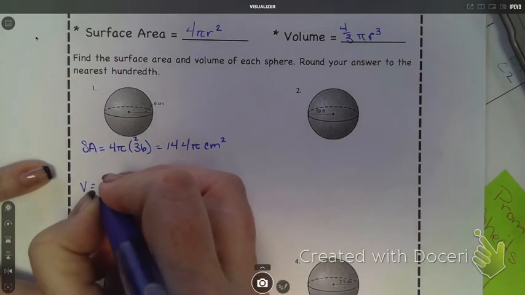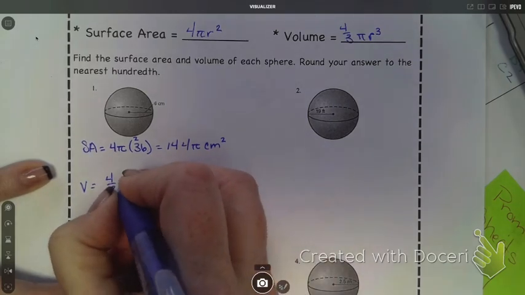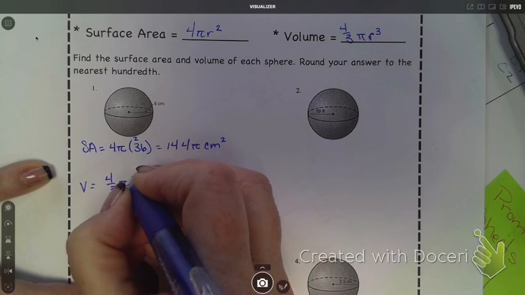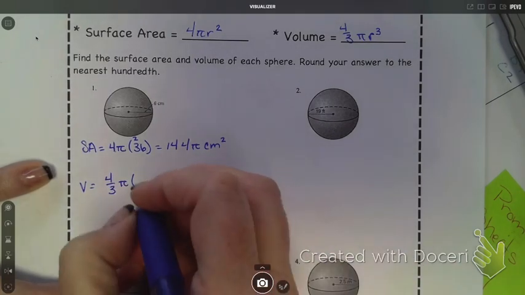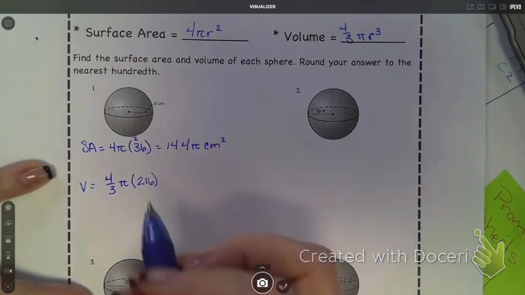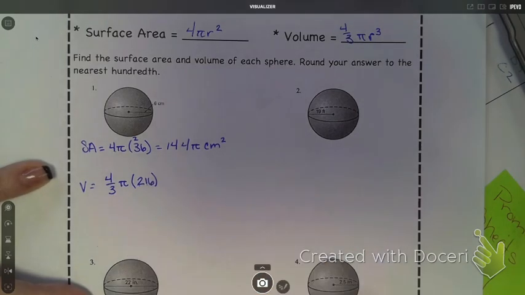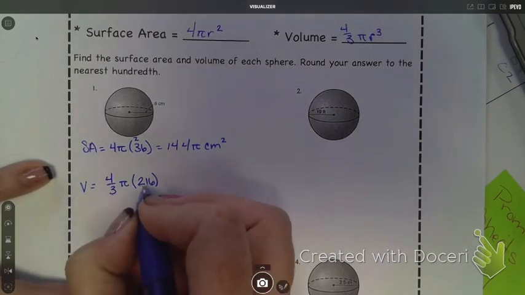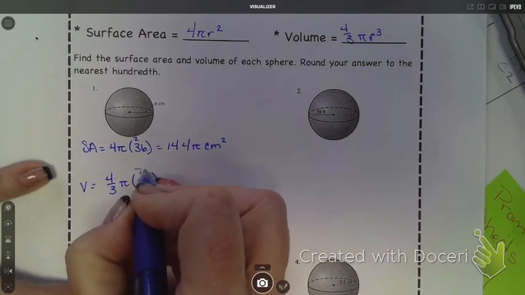Volume, 4/3 pi r cubed. Well, what's 6 cubed? 216. Okay. 2 plus 1 plus 6 is 9, so 3 goes into it, yes? So 3 goes into 216 how many times? 72.